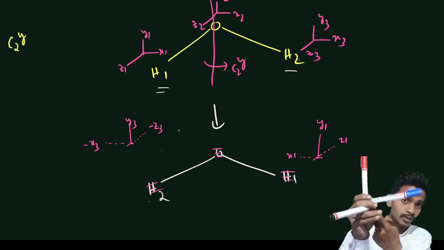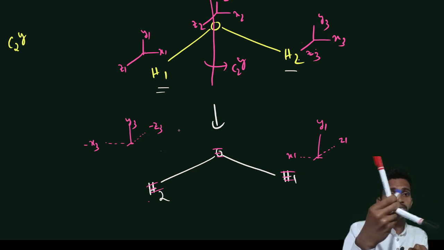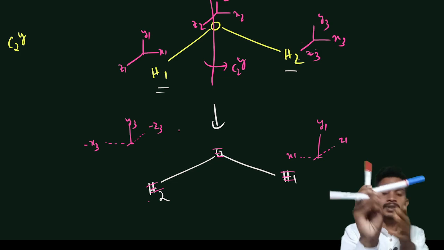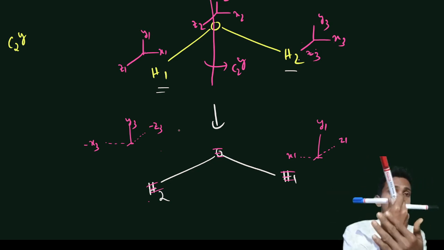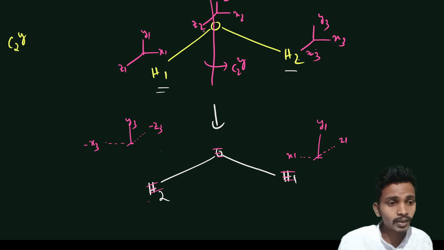Let's say this is the oxygen atom. After 180 degree rotation, this also goes to the back side. Let's say this is the front side, after a 180 degree rotation the back side is coming. Here also the same thing will happen, but it will not change, meaning x2, y2, z2 stay the same, but just the axes will change.